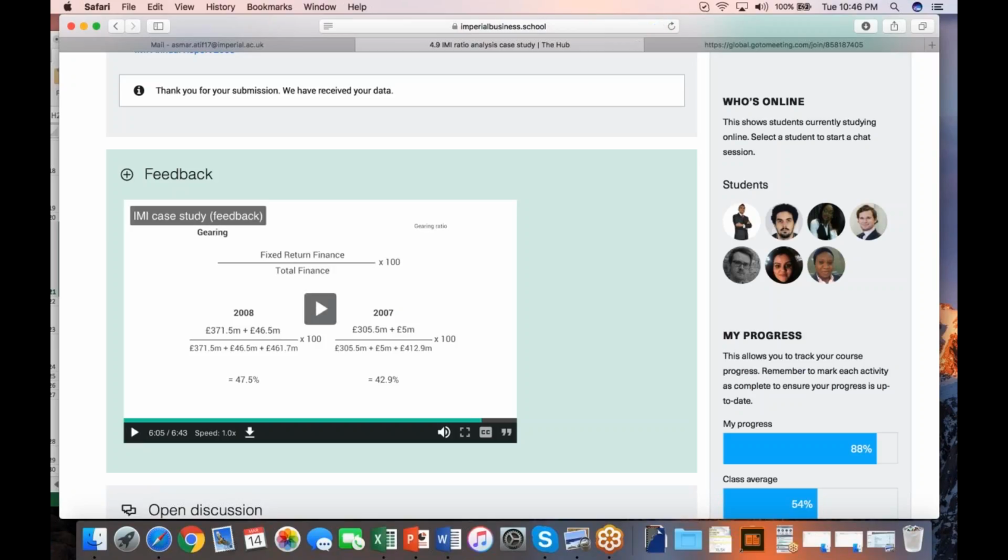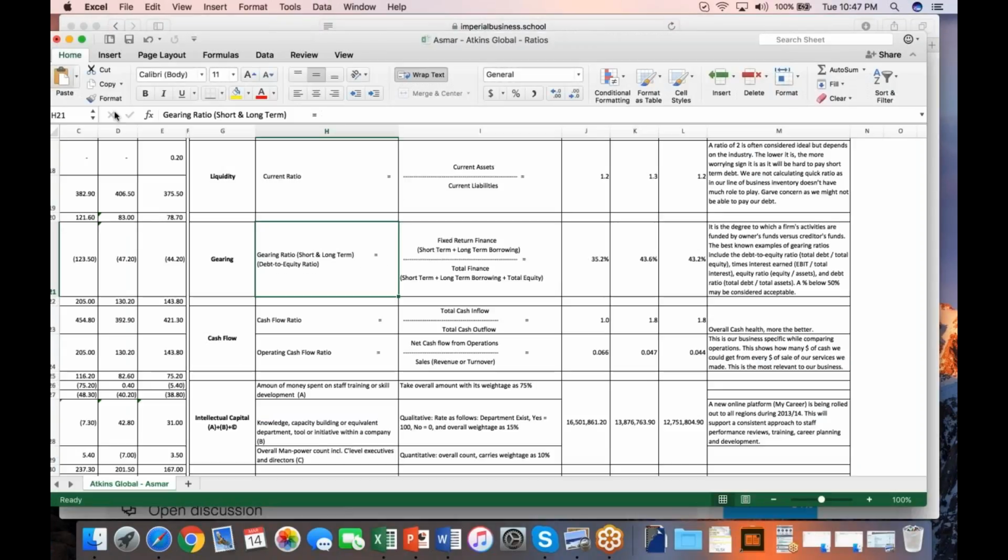Okay. So, getting back, there are 3 things which she has mentioned. One is, what is a fixed return finance? And I did a lot of Google research on this one. The gearing is the degree to which a firm's activities are funded by owners' funds versus creditors' funds.